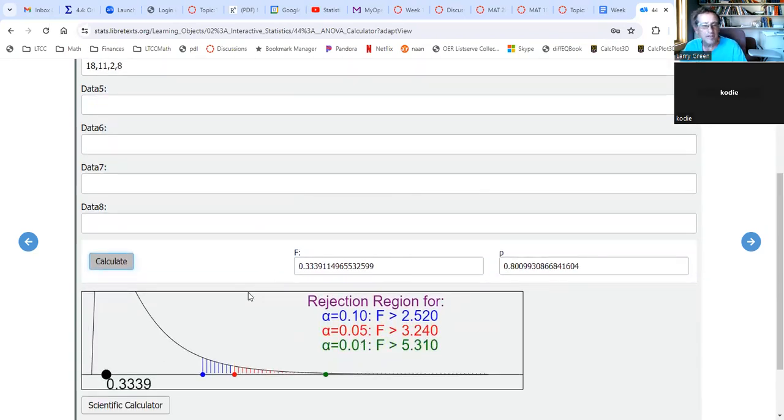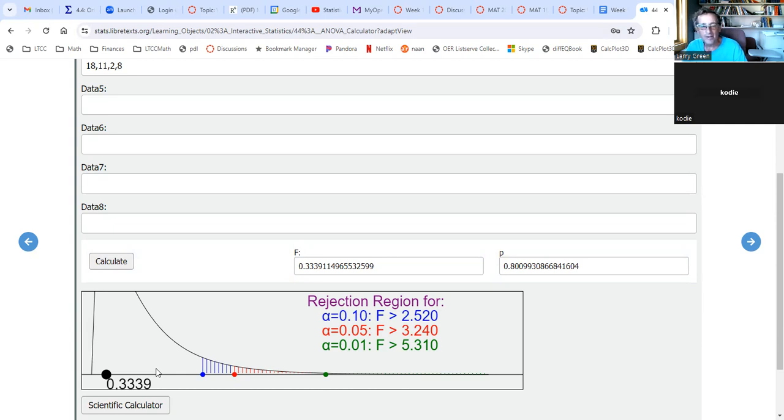So a couple things: we have our test statistic. This is called the F distribution. Our test statistic is F equal to 0.3339, about, and our p-value is 0.8 approximately. Notice that the F distribution is a skewed right distribution, so you don't have a two-tailed test or anything like that.